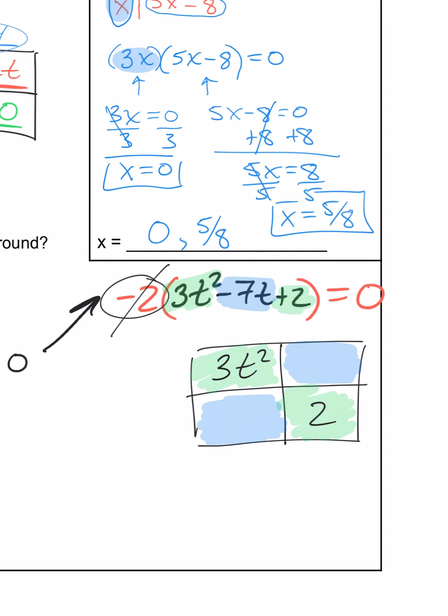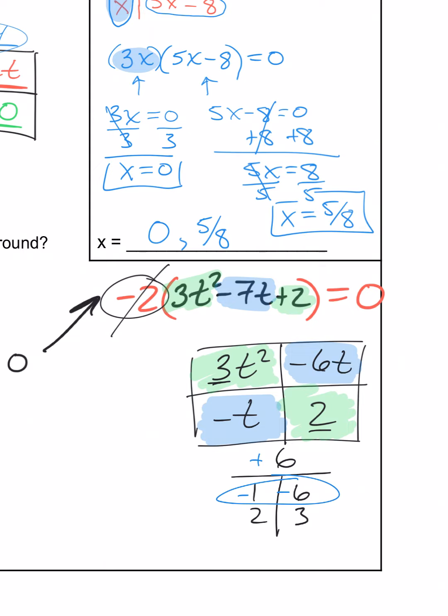What we're going to do is use the factors of 3 times 2. 3 times 2 is 6. This is kind of easy because there's only 2 pairs of factors. We're going to use 1 and 6, and make both negative. So we're going to have negative 1t and negative 6t. Those add to be negative 7, but multiply to be 6.